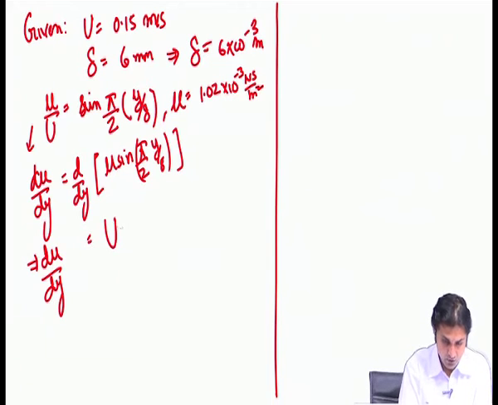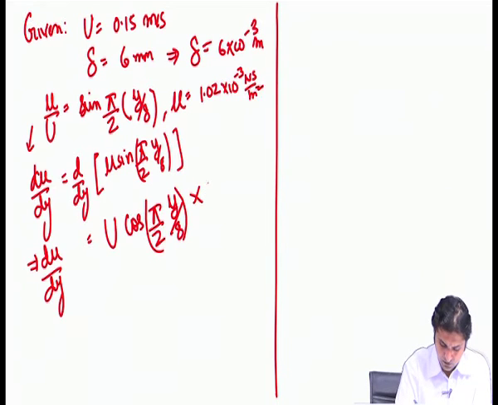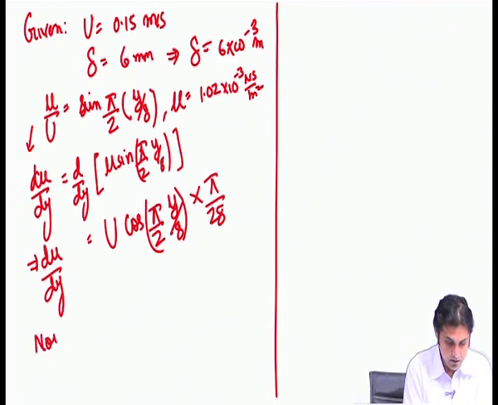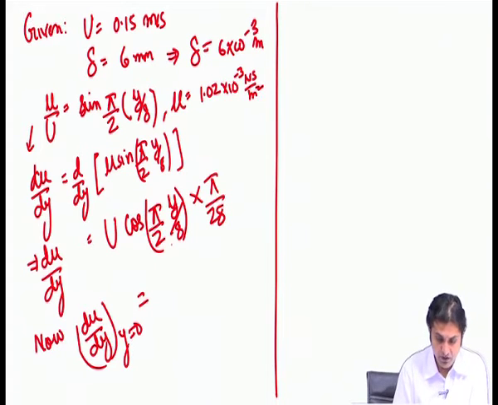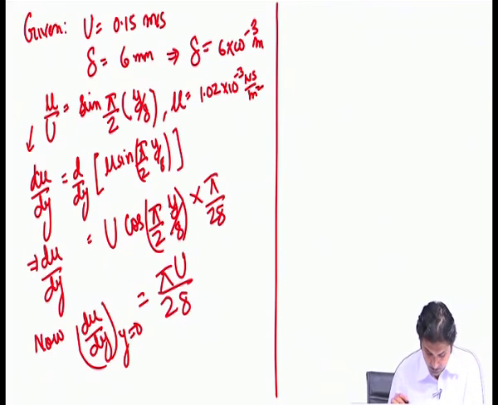So, this gives us capital U cos pi by 2 y by delta into pi by 2 delta. All right. So, now du by dy at y is equal to 0 will be, we substitute y is equal to 0 here. So, this becomes pi capital U by 2 delta. If we put y is equal to 0, this cos term is going to be 1.